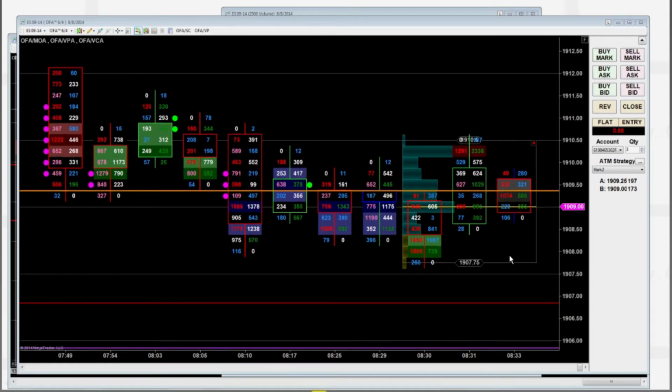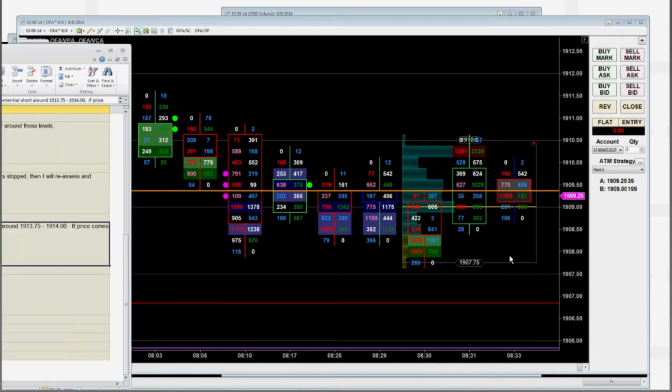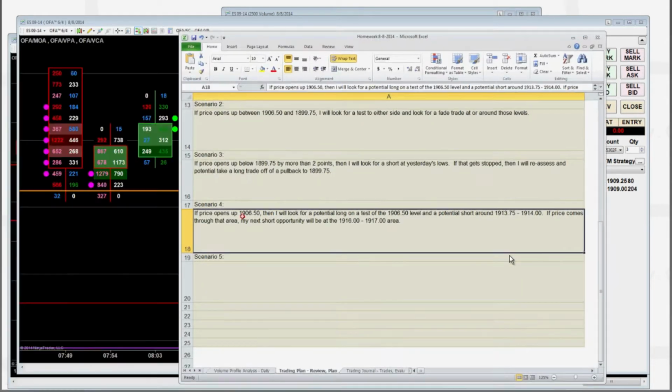So my trade scenario in my plan was if price opens above 1906, and that should have been 1906.75, I'll look for a potential long on a test down to 1906.75, and then a potential short around that 1915.14.